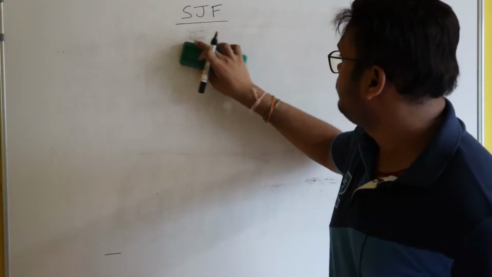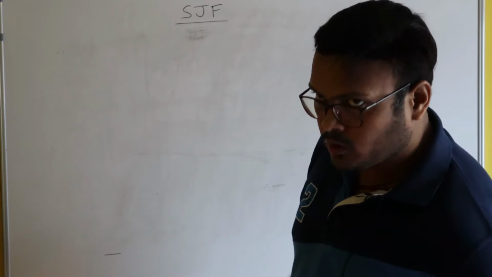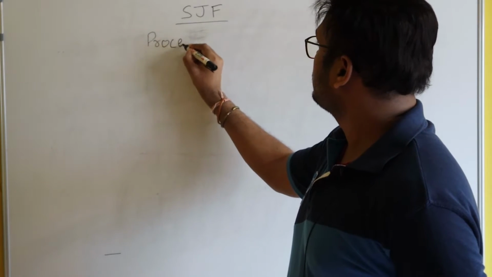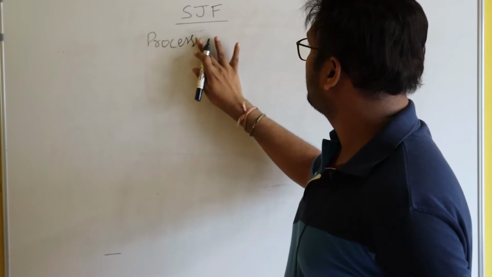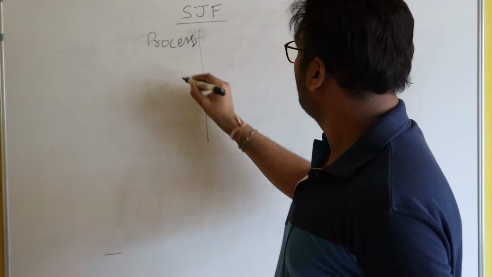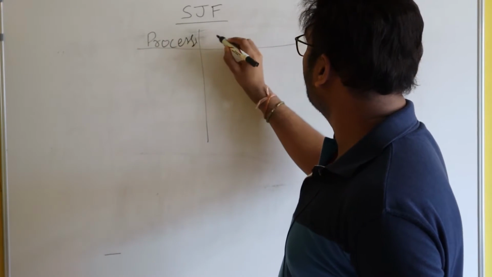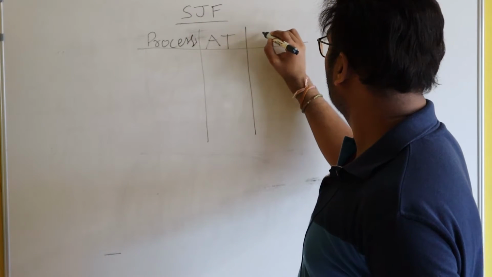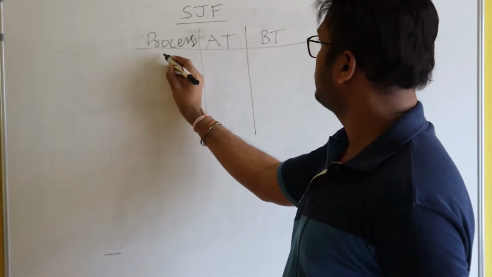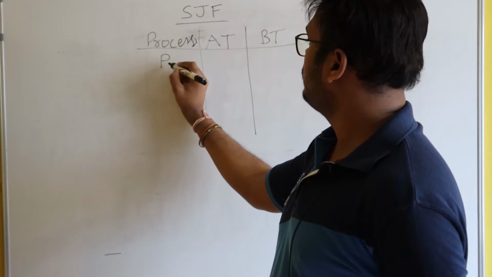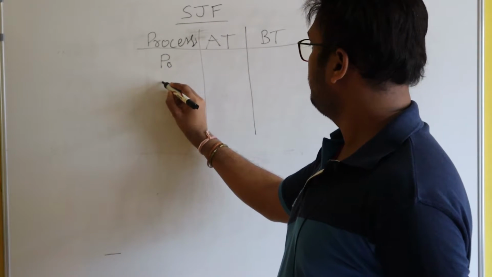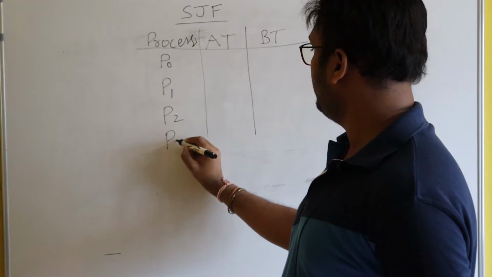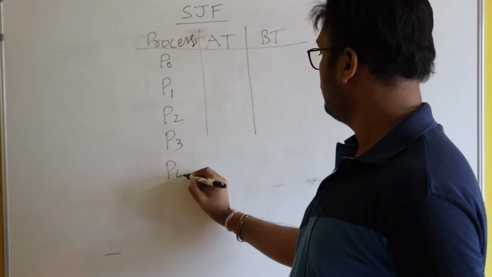You see, just think there are several processes. With the help of this example, it will be very clear to you. Arrival time is given, burst time is given. The processes are P0, P1, P2, P3 and P4.